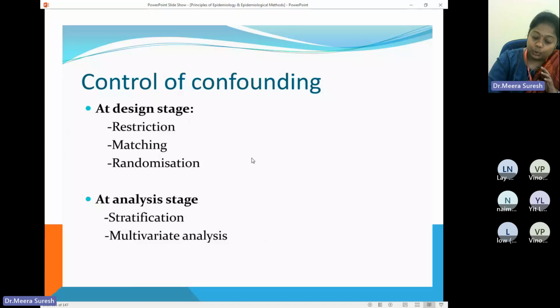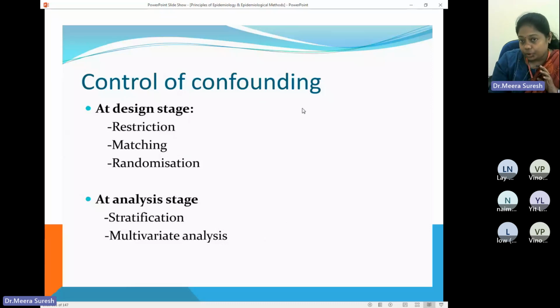Even if you don't know what that third variable could be, for this purpose you have to read. Whenever we say research methodology, go for literature review, find out the gap, find out the connection. During the literature review, probably you will understand what the confounding factors could be, the factors which can come in between.